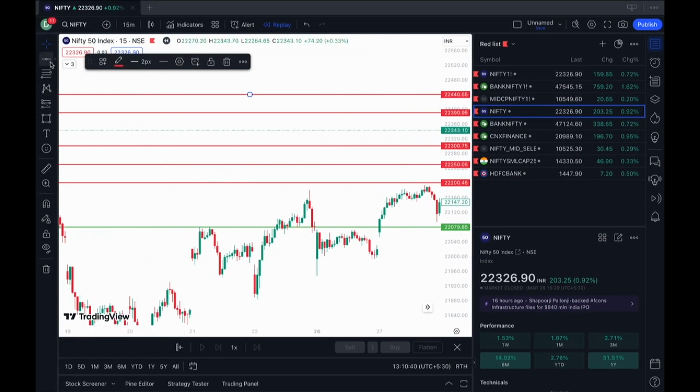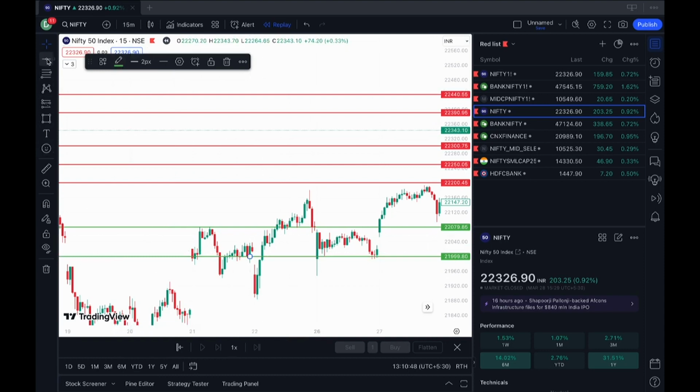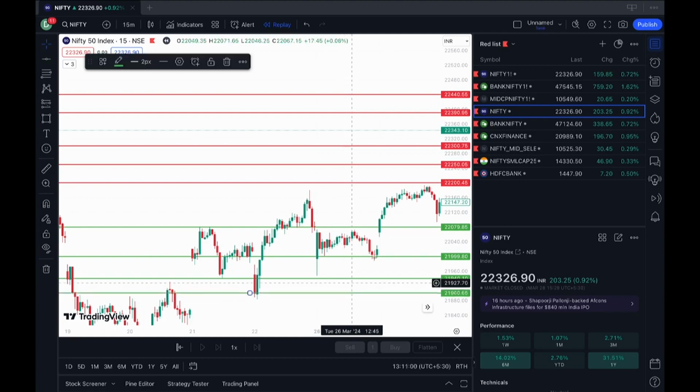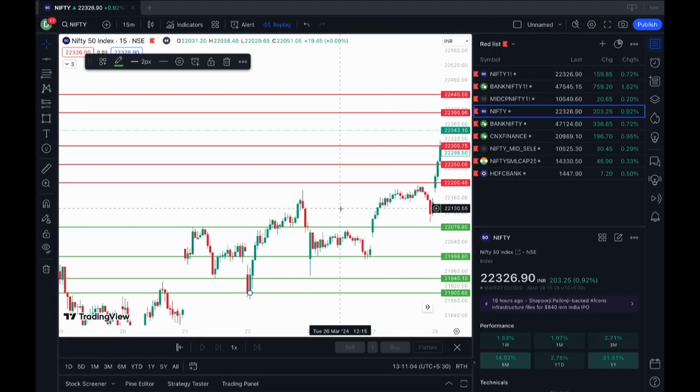So let's mark them as close as possible. Below that, we'll update it during the day if it falls below it. So these are the levels marked. Now I am ready for the first candle.